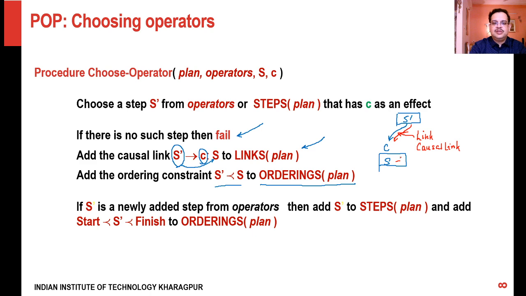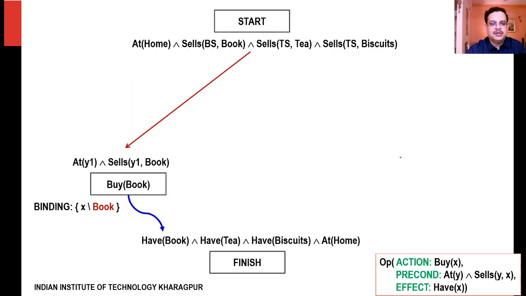So let's see with our running example what's happening here. As you can see, I chose buy book as the action here. And why did I choose buy book? Because I can see in this description of the action that buy book has a consequent have x.